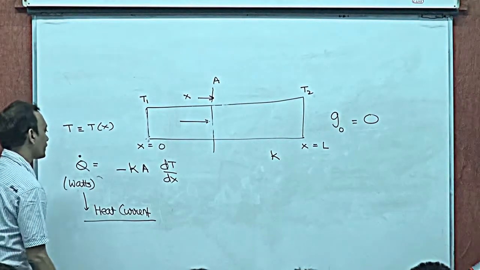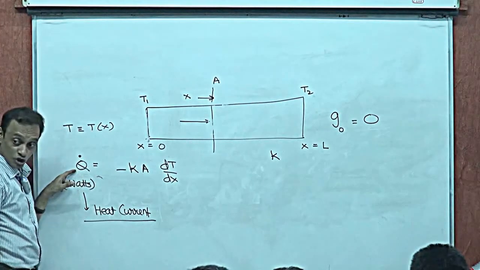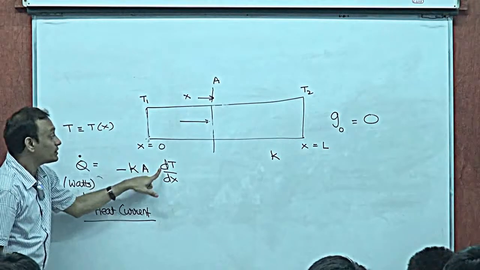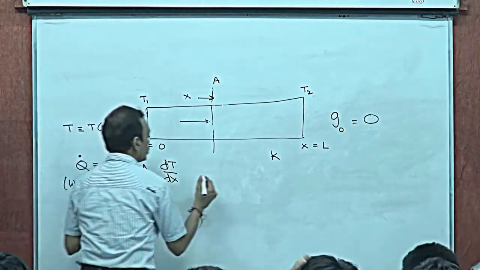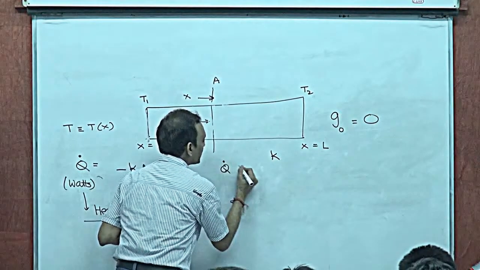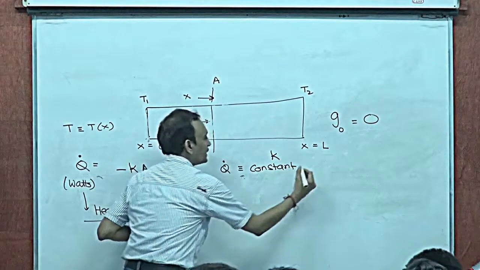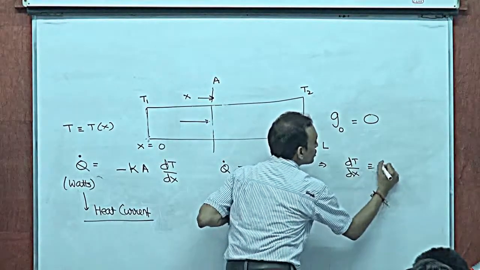So Q dot is a constant. What does it mean? It means dT/dx is a constant. That means constant gradient. If Q dot is a constant under steady state conditions, then the temperature gradient is a constant.